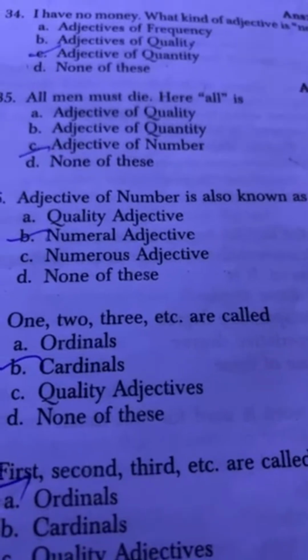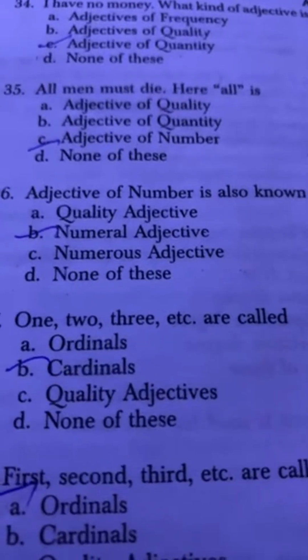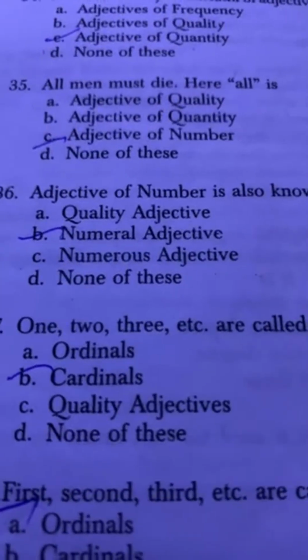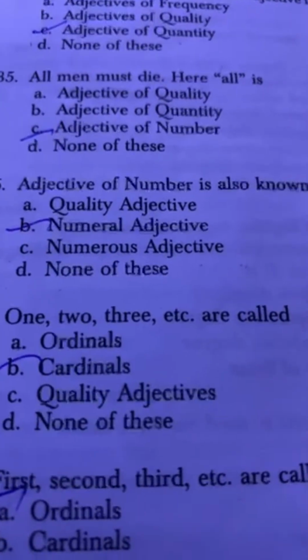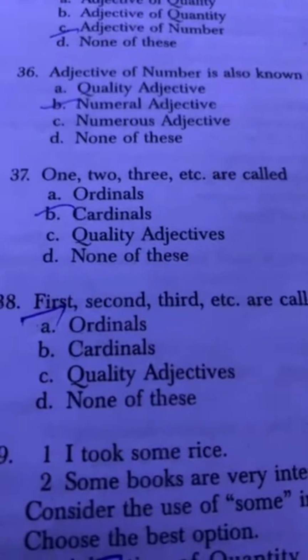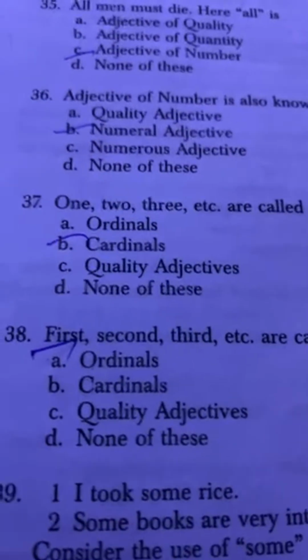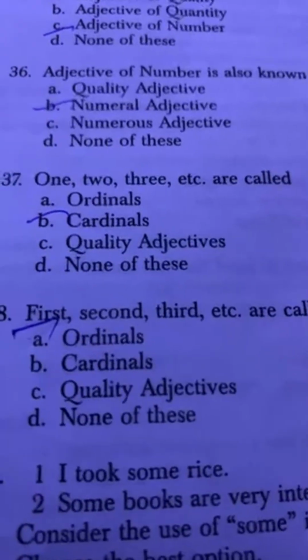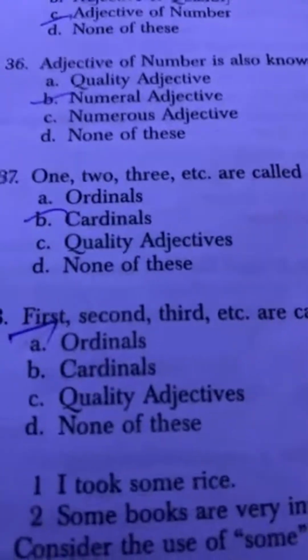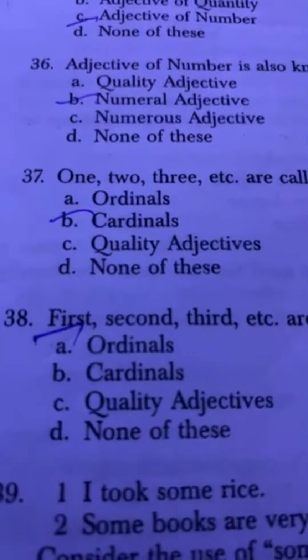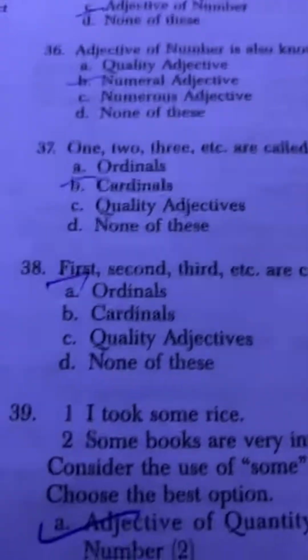Even I get confused sometimes whether it's ordinal or cardinal. So 1, 2, 3 are cardinal, and first, second, third, etc. are your ordinal.